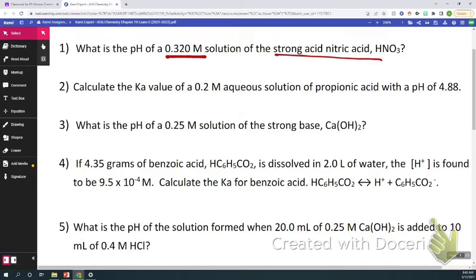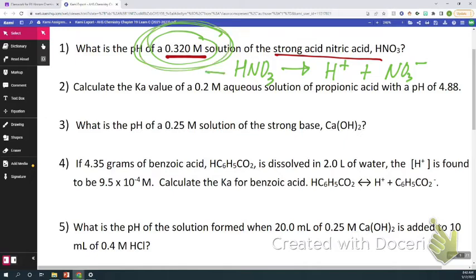So you know what this number means? This number 0.320, because nitric acid looks like this, right? And it's going to break apart 100% into H plus and NO3 minus. So all of the starting material is going to break apart into H plus and NO3 minus.